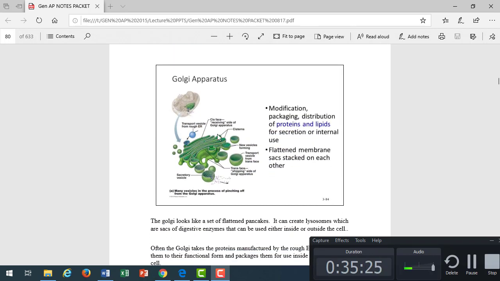The Golgi apparatus works with both the smooth and rough ER, so they package those proteins and lipids made by the ER, and they decide if they're going to be used inside or outside the cell. So the Golgi is packaging those proteins and lipids into little vesicles to be used inside or outside the cell.